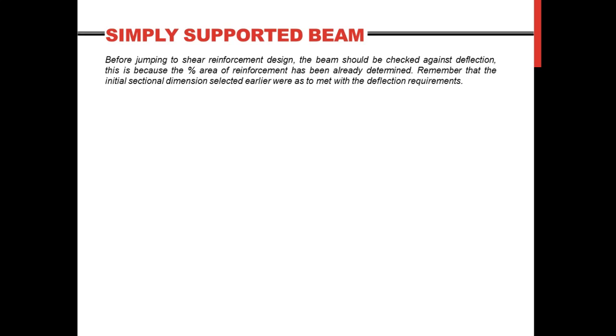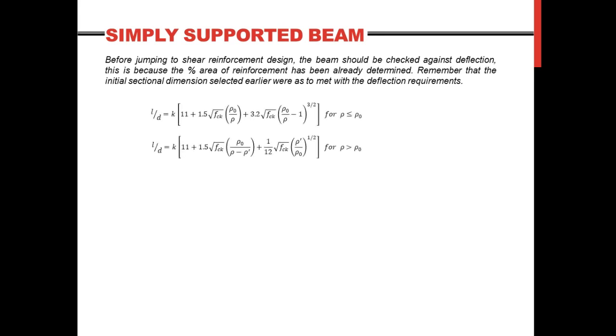So here I'm back in our design problem, and since we have the D and we have the area of reinforcement, we're probably just going to apply the allowable L over D. First step, simply we find the rho for tension reinforcement, and this is always the required, not the provided, and the percentage is 1.5%.